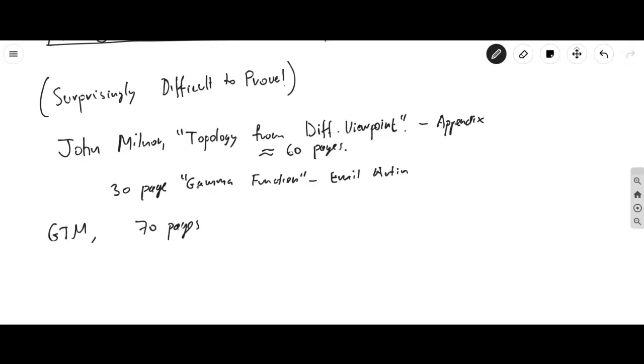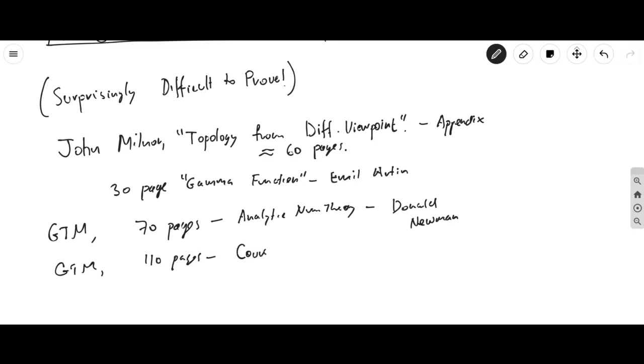It's also very popular because it's a small book. I think it's called Analytic Number Theory, maybe with some other subtitle, and this is by Donald Newman. If you want another book, it's about 110 pages. It's called A Course in Arithmetic.